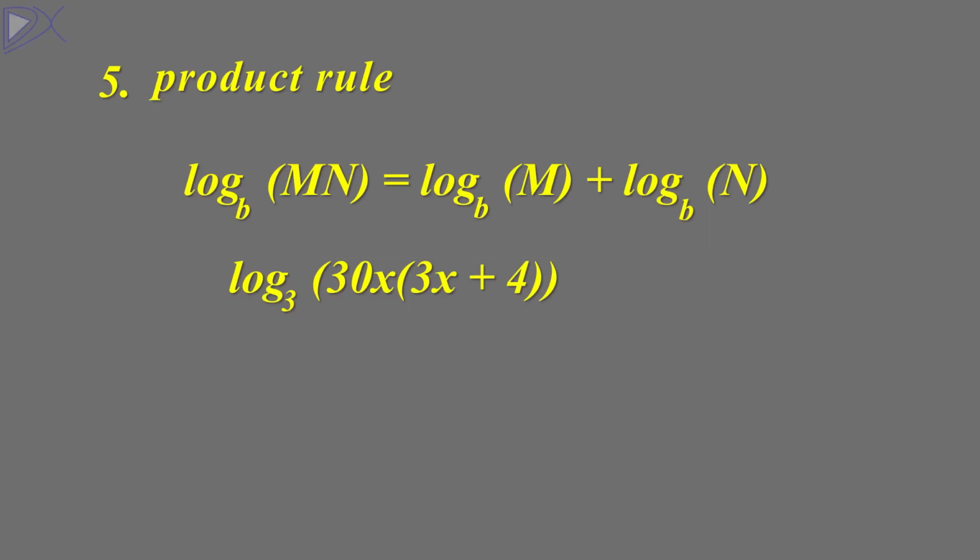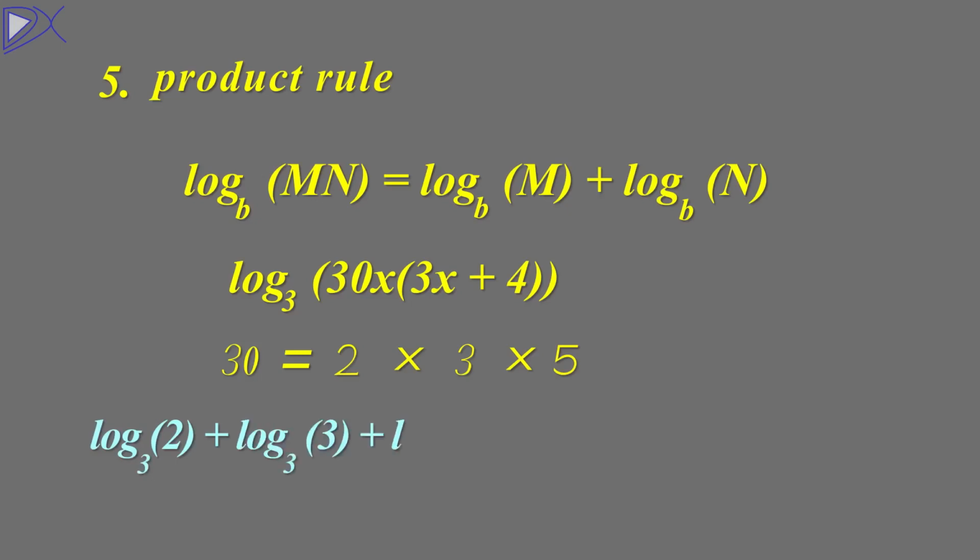First, we will express 30 as a product of primes, which is 2 times 3 times 5. Next, we will express the equivalent equation as a sum of logarithms of each factor, which is log 3 of 2 plus log 3 of 3 plus log 3 of 5 plus log 3 of x plus log 3 of 3x plus 4.